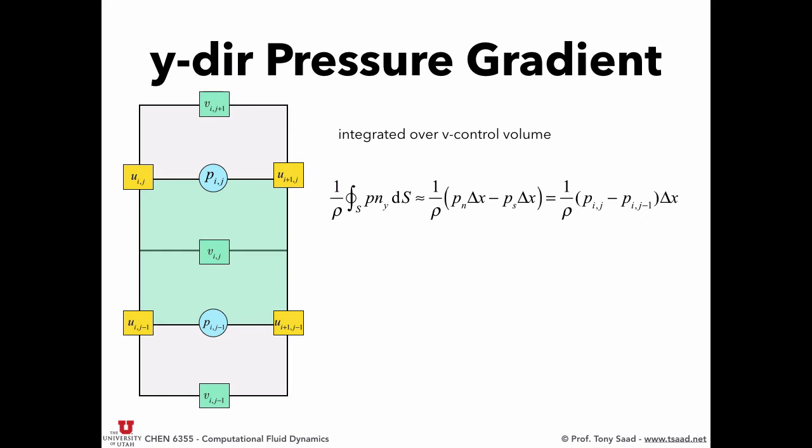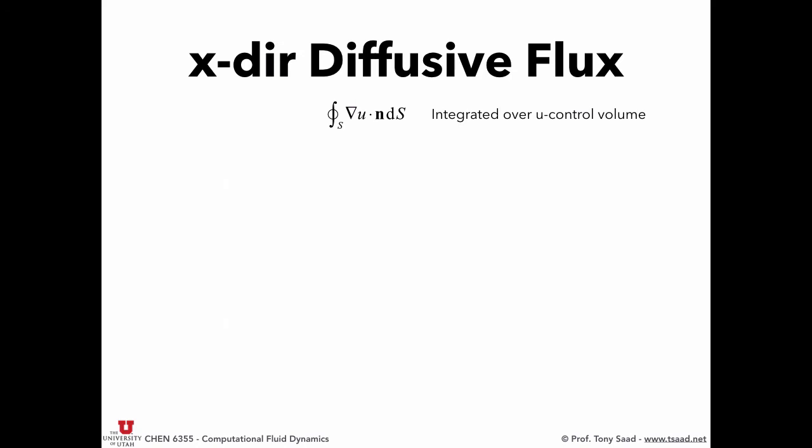The stress tensor, or the diffusive fluxes. That's going to be easy. So the X direction diffusive flux is given by this integral: the kinematic viscosity times the surface integral of grad U dot n ds. That's for the U momentum equation. What volume is this? It's a U control volume, okay?